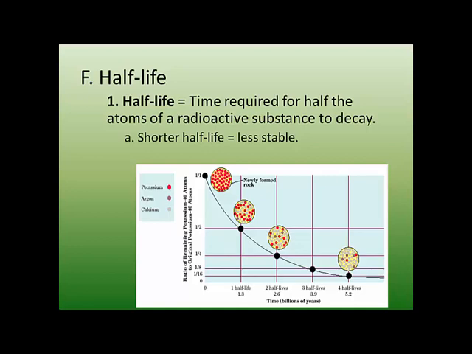The shorter the half-life, typically the less stable the atom. Some isotopes have half-lives of thousands of years, and some have half-lives of a few seconds. So shorter half-lives indicate a less stable atom.